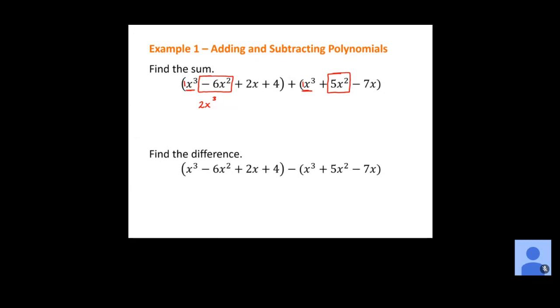So if we add those together now, what's that going to give us? Okay, good. We're going to have a negative 1x squared or just negative x squared. So negative 6 plus 5 is negative 1. Keep the x squared. That's a negative 1x squared. Any questions on combining those terms?